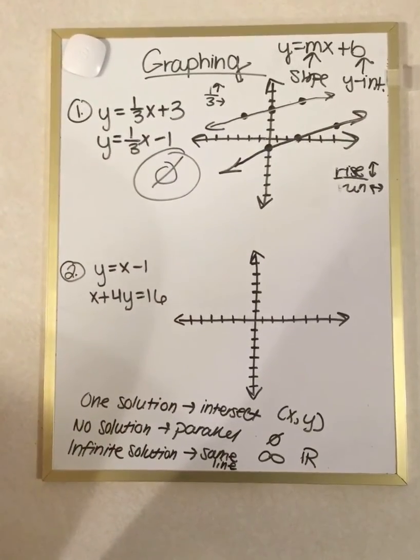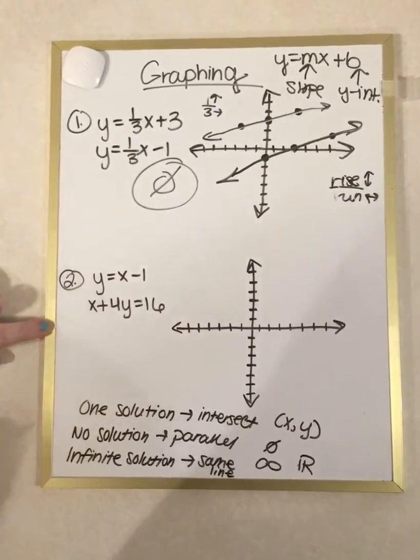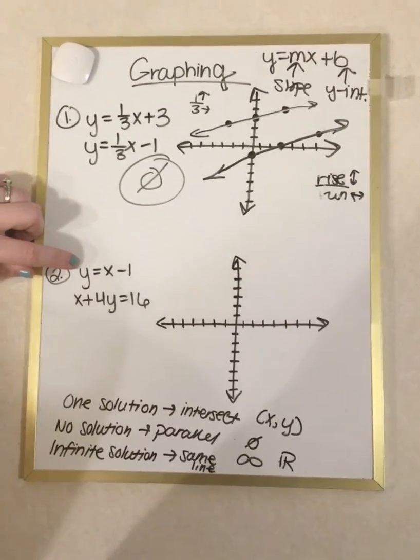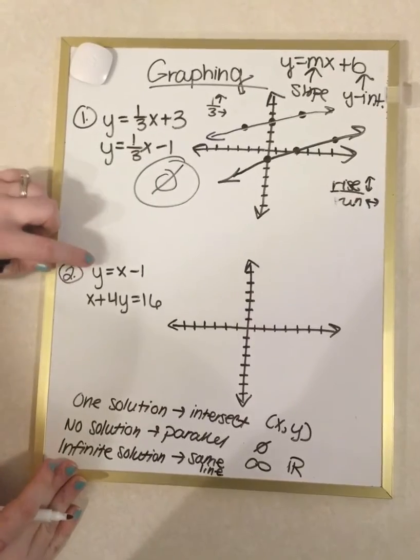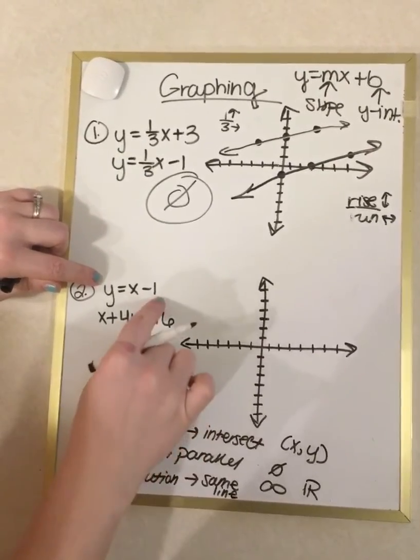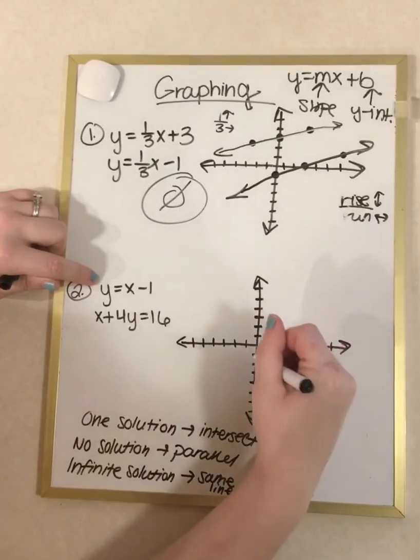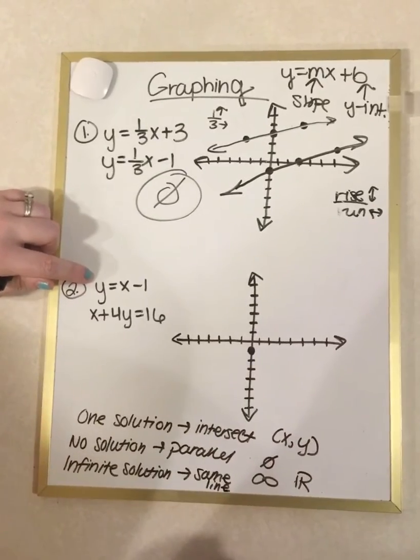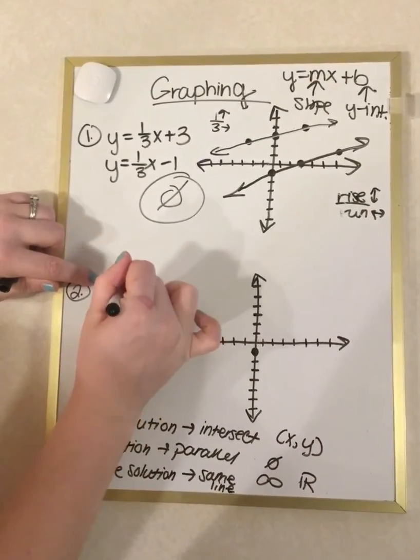They will never cross. For the second one, let's go ahead and do the same thing. So the first equation, y equals x minus 1. That one is in slope-intercept form, so we can go ahead and start graphing. So y-intercept is -1. So we go down to the -1, put a point. And then slope is going to be a 1.